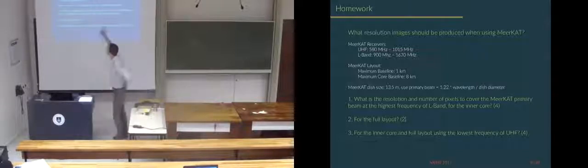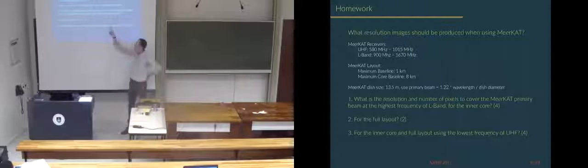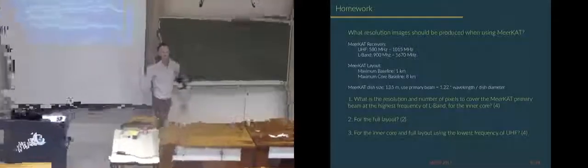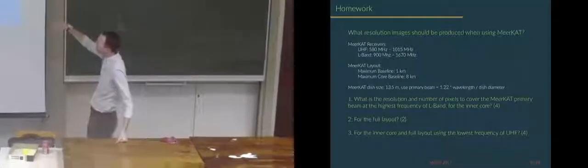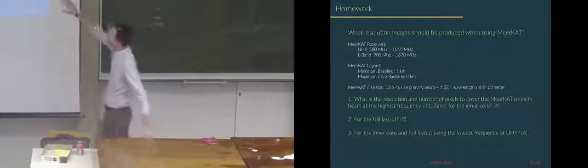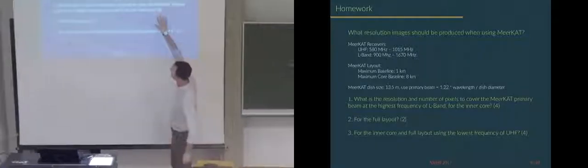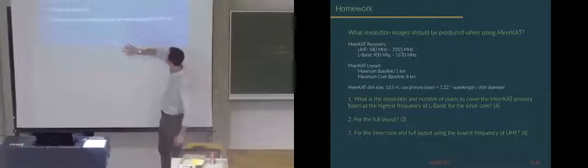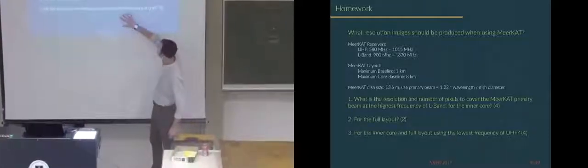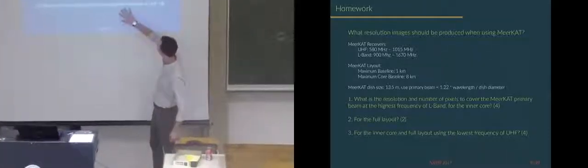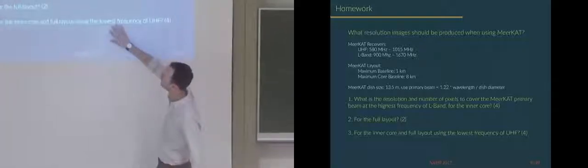So parts 2 and 3 are basically doing part 1 over again, but in this case at a different frequency. There should be 2 numbers here, 2 numbers here, and 4 numbers here. I should point out, do this for the full array and for the core, so there should be 8 numbers total. Does that make sense?